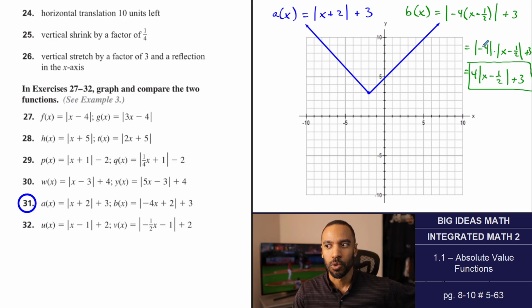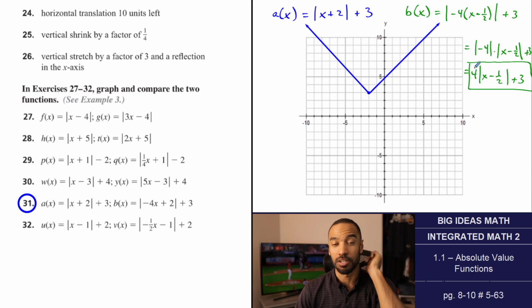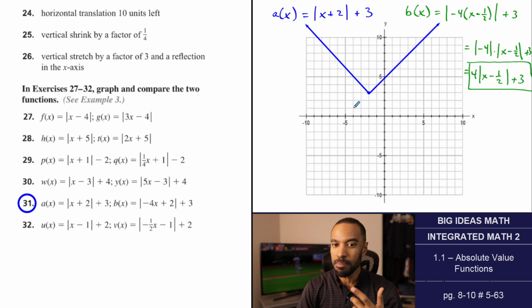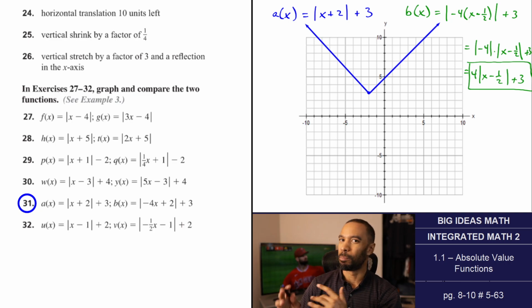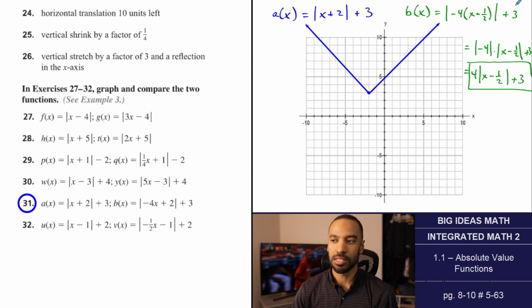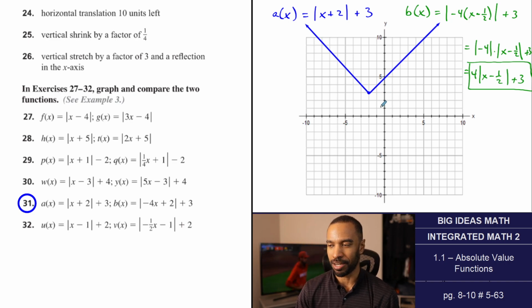But also, well, then what's the difference of having a 4 or a negative 4 inside there if it's just going to turn positive? It changed h. h went from what was seemingly a plus 2 to a minus something. So it did change something, still being negative. So we're going to go, instead of 1/2 to the left, we're going to go 1/2 to the right. That's what the minus 1/2 means. So 1/2 to the right, then plus 3.